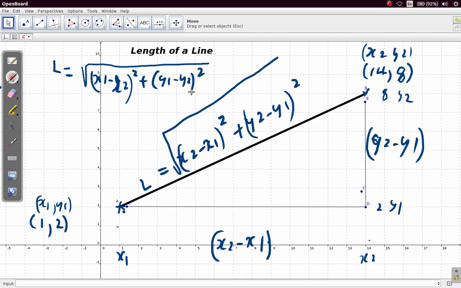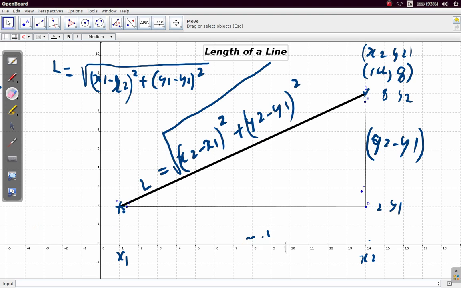Some of these formulas might be given on your formula sheet, but when you actually are able to see where the formula comes from, then you're better able to understand the question in its entirety, right? You're better able to understand and remember how to do the question when you understand where these formulas originate. Alright, so this is the formula for the length of a line.